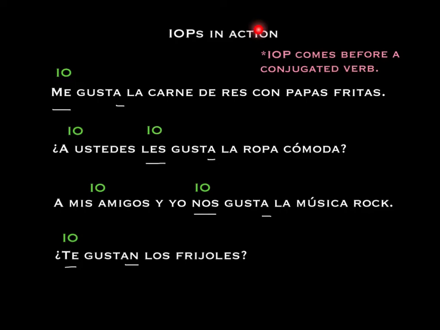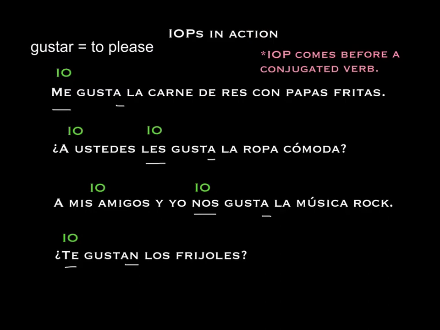It comes before a conjugated verb. Now, let's use a verb that we're already familiar with, something that we've done before in the past, but maybe didn't realize that it was indirect objects that we were talking about. And that's the verb gustar. Gustar. We already know this one, and we've learned it to mean like.